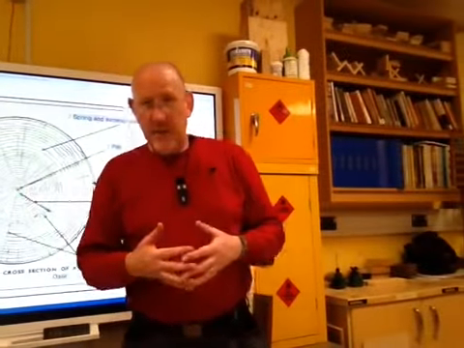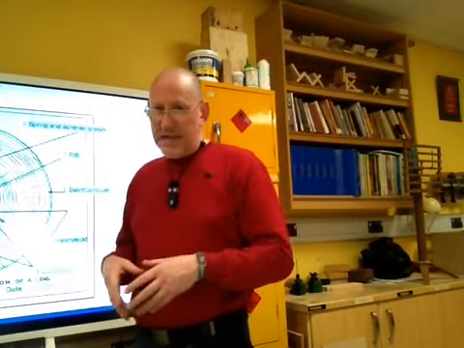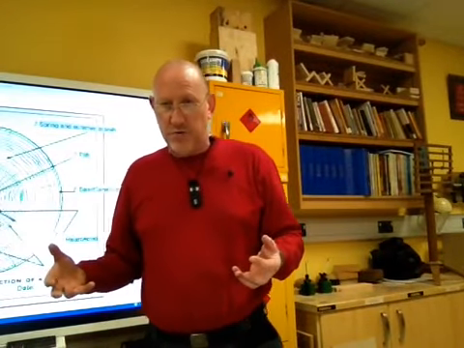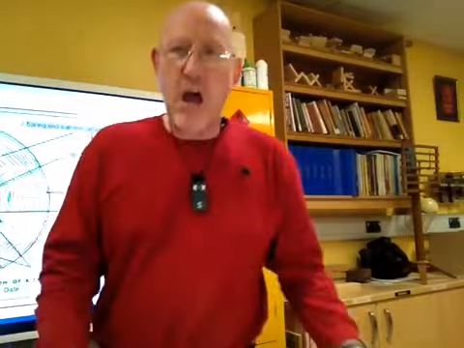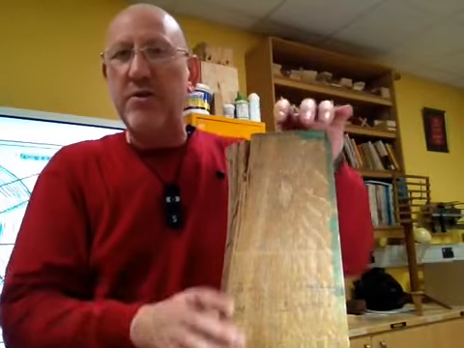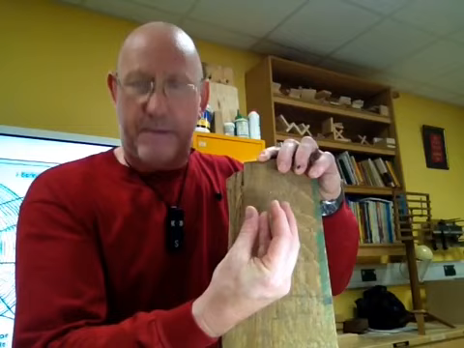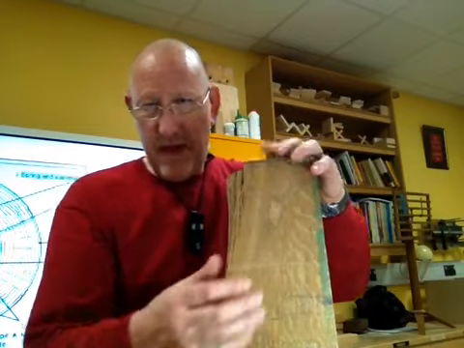Now those lines are cells. They're cells that are running in the opposite direction to the normal direction of the cells. So in our tree trunk, if I give you another piece of timber here, the annual rings would be on the top and on the bottom, and the cells would be running vertically up and down in it.